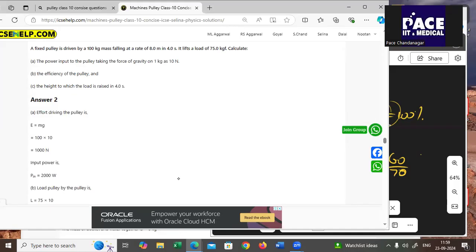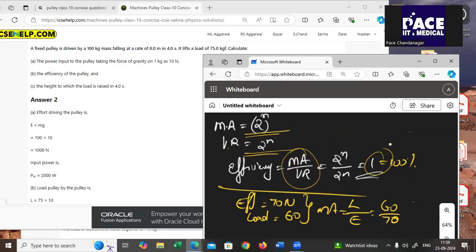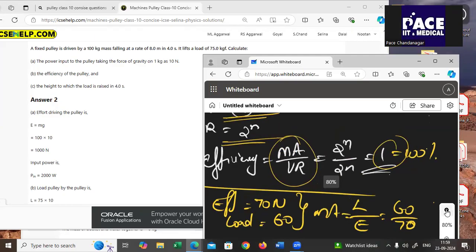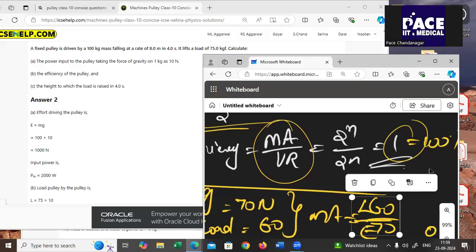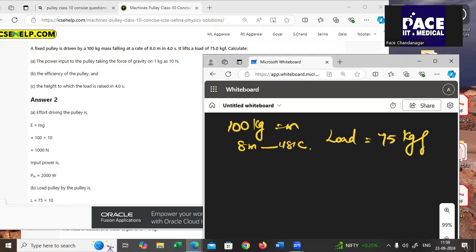It lifts a load of 75 kgf. So, the 100 kilogram mass is falling at a rate of 8 meters in 4 seconds, and lifts a load of 75 kgf.